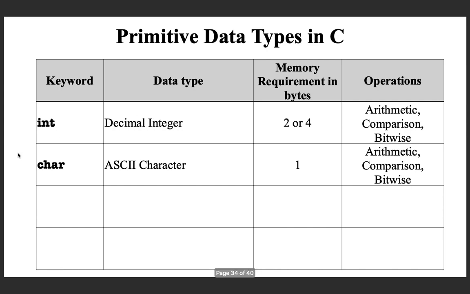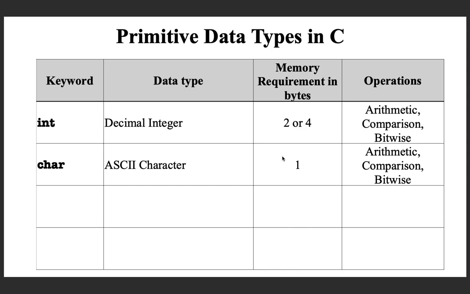And the second primitive data type is character. ASCII is a character encoding scheme used in a compiler for C. ASCII expands to American Standard Code for Information Interchange. In this code, every character has a decimal value. Even though it is a character, there is a decimal value as defined by the ASCII encoding scheme.